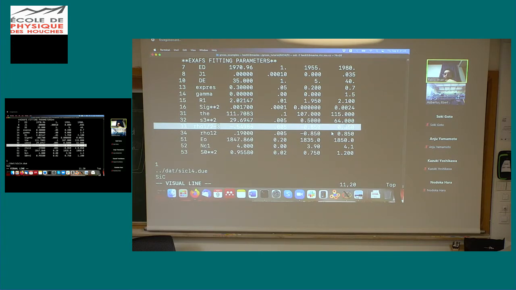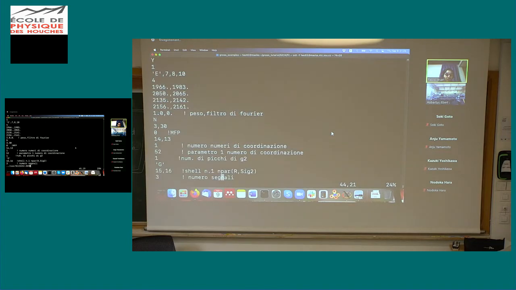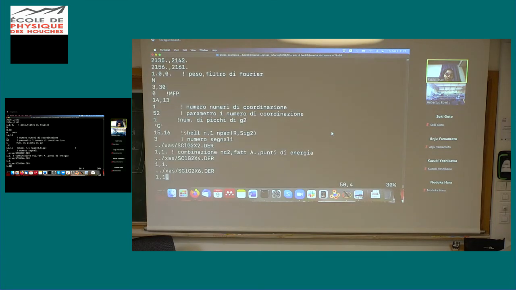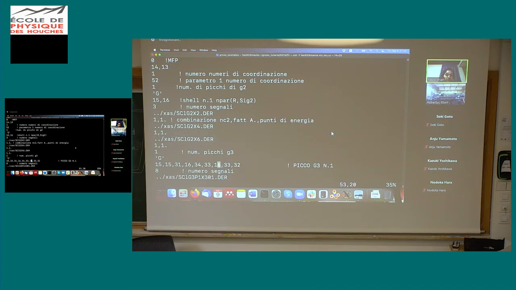And again, we use the same range for fitting. Of course, we have to repeat this one both for R1 and R2. So here this 34 was the correlation between R1 and R2. Then this was between R1 and the angle.